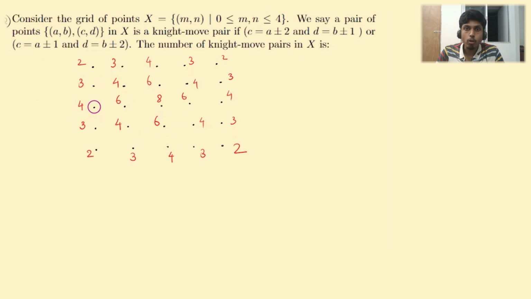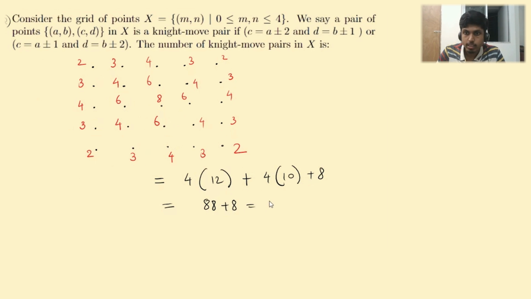So if you add up all of them, you will get 4 times of 2 plus 3 plus 3 plus 4, which is 12, plus 4 times of 4 plus 6, which is 10, plus 8. So this gives us 88 plus 8, which is 96.